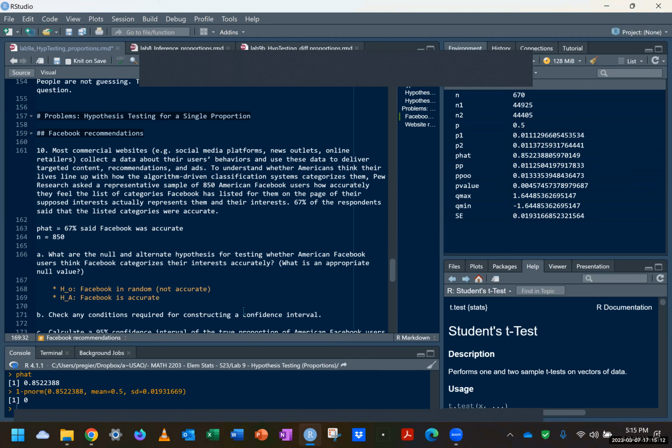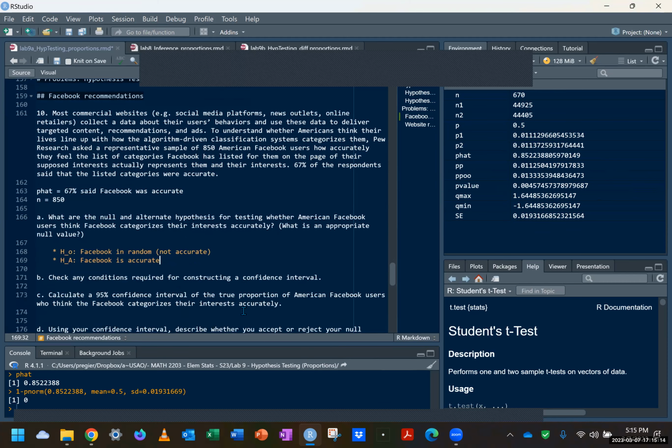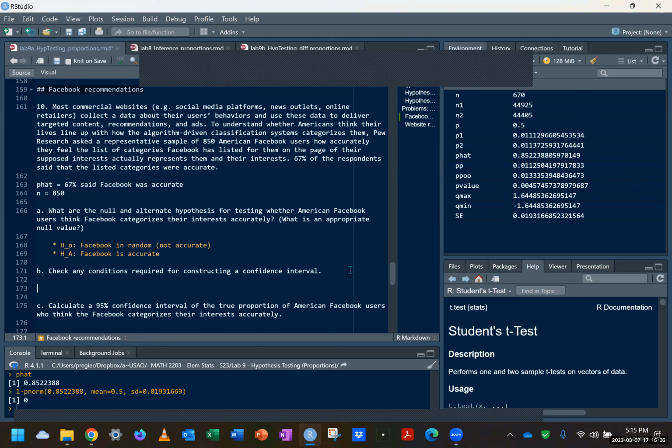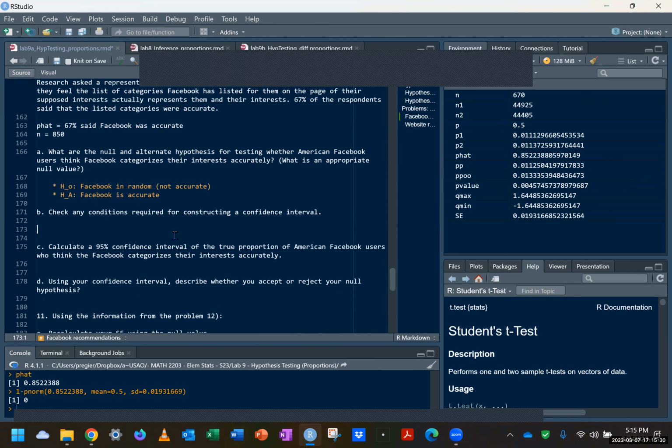It's not guessing randomly what your interests are. So here's how we would set up our initial setup for hypothesis testing. You can check the requirements of the central limit theorem, and then we want to go ahead and find our 95% confidence interval.